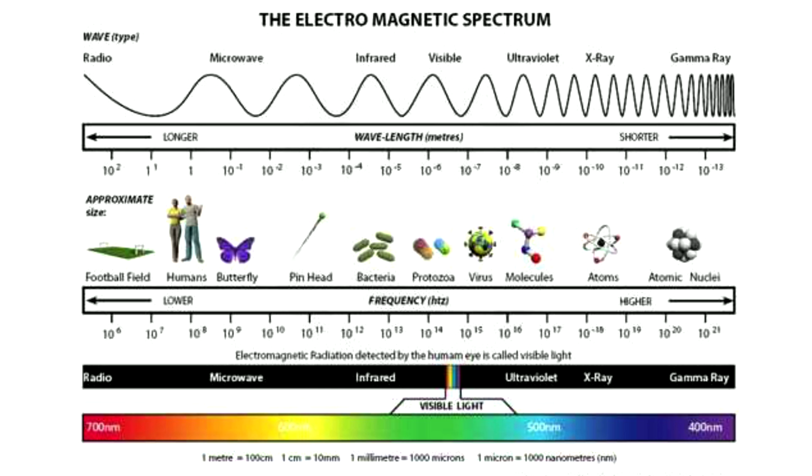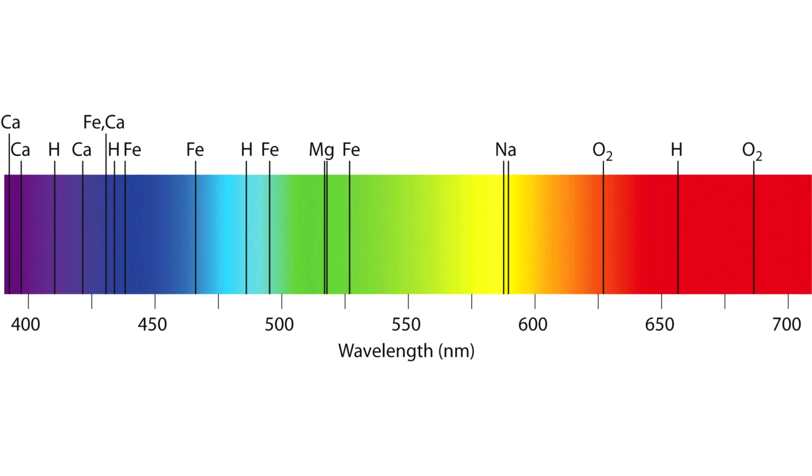But how do we use this spectrum in our study of chemistry? Well, by using the spectrum of light, we can create fingerprints of stars based on the elements that they contain. This is called spectral lines.